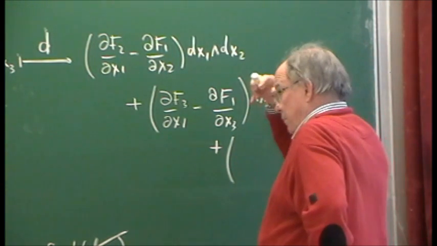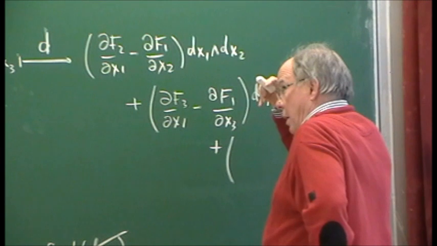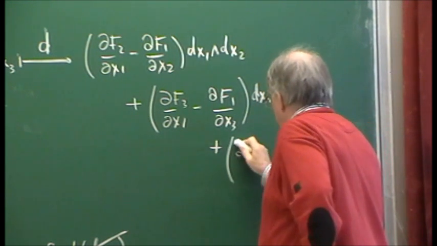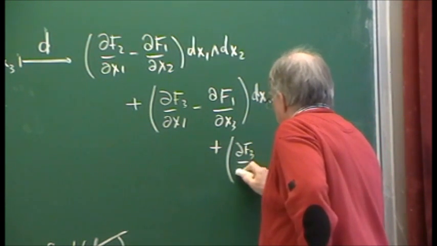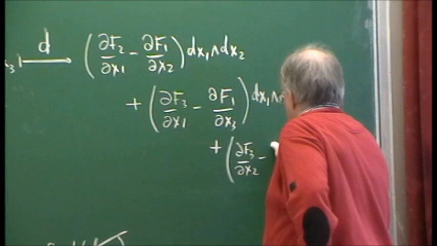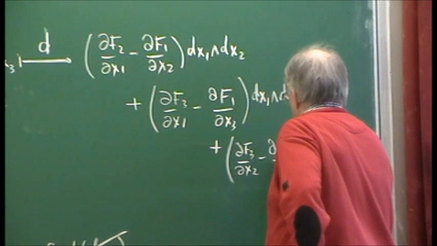I have to get partial f3 x2 minus partial f2 x3.